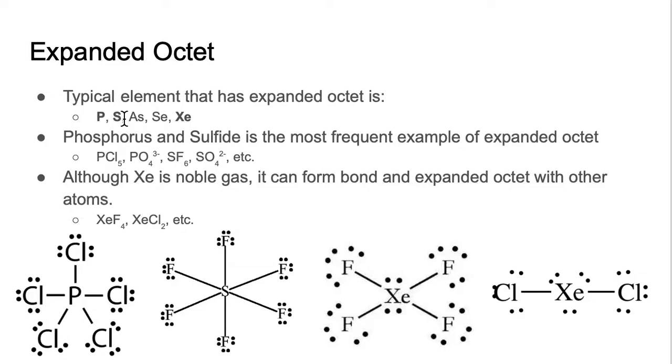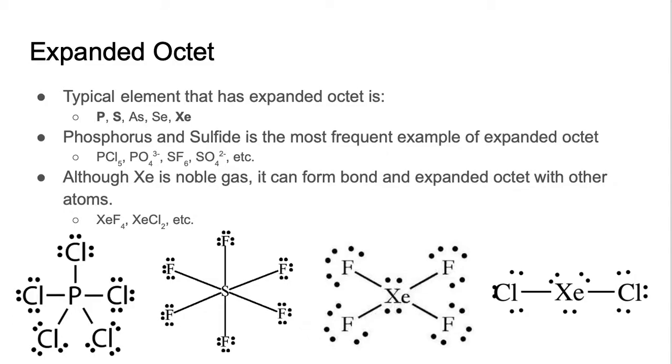Phosphorus and sulfur can form many expanded octet molecules such as PCl5, PO4 3 minus, SF6, SO4 2 minus, etc. Consider expanding the octet for these atoms if you happen to get weird non-zero formal charges for your atoms and their bonding atoms.